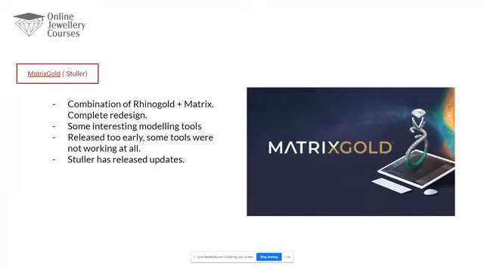It has some very interesting modeling tools in terms of how things are built, how they build the rings. As I said, in my opinion, it was released too early. Some tools were not working at all. I'm just talking by experience of friends using it and people complaining on the internet about it.